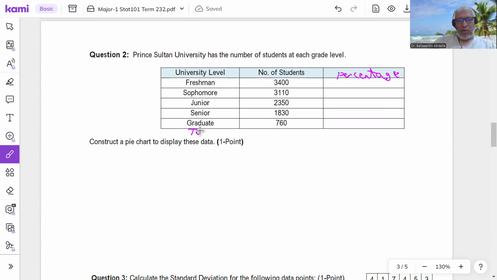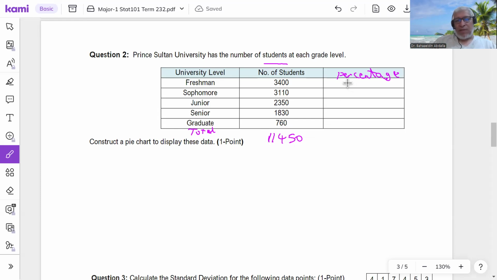What is the total of those students? If you add all of these numbers, you will find that the total is, okay, let me use the calculator, 11,450.